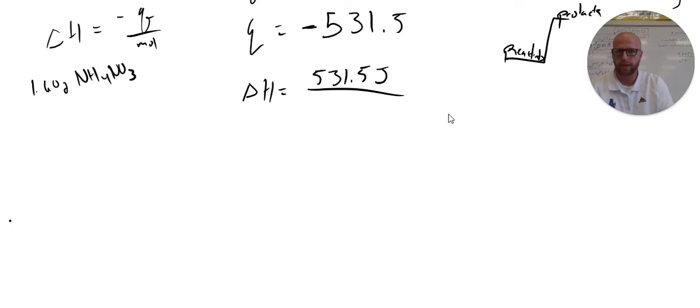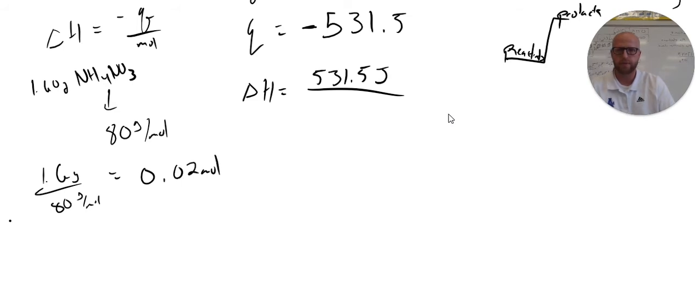So find the molar mass for this compound. I found the molar mass to be 80 grams per mole. So 1.6 divided by 80 grams per mole comes out to 0.02 moles.